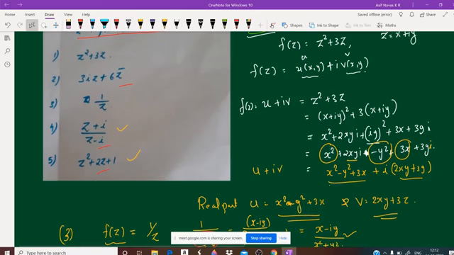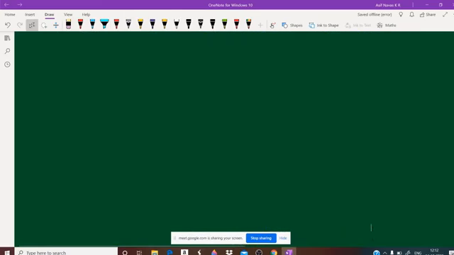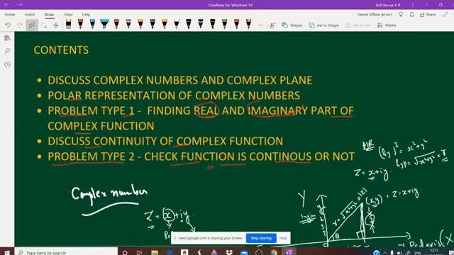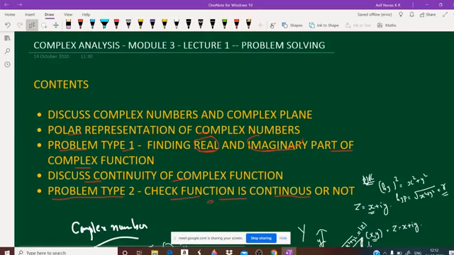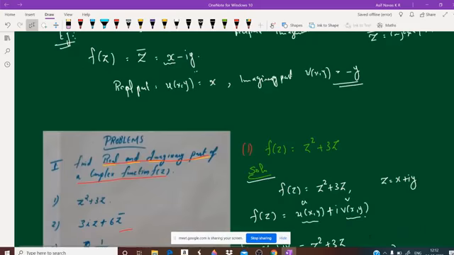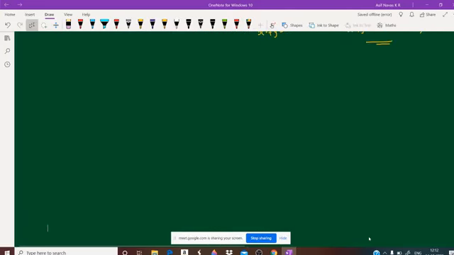This is the first type of problem. Now the next section is to discuss the continuity of a complex function. So I will tell you what a continuous function is.